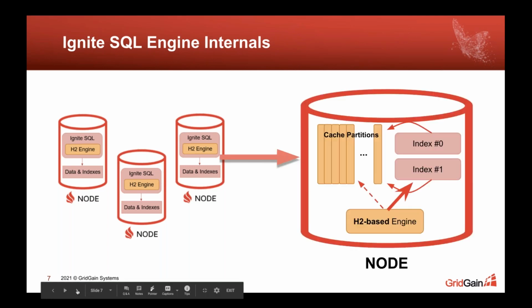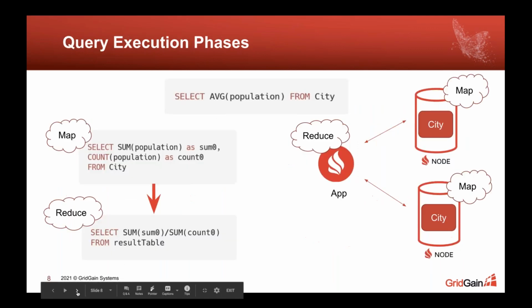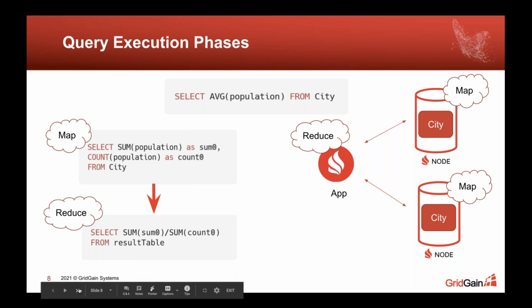Now I'd like to say more about the MapReduce concept, because it's being used for distributed queries. Every query consists of two main parts, map and reduce. Map queries will be executed on every node that stores data for a query.